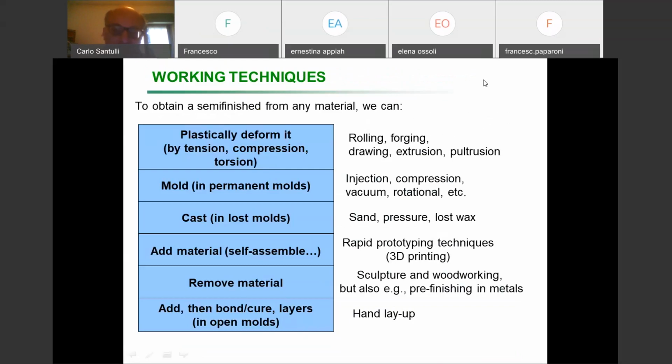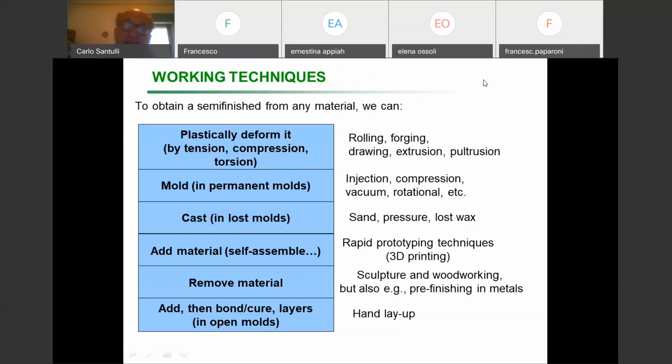Before that, we have semi-finished structures, which might be a bar, a sheet, a tube, etc. From this, we can produce objects, so finished structures.